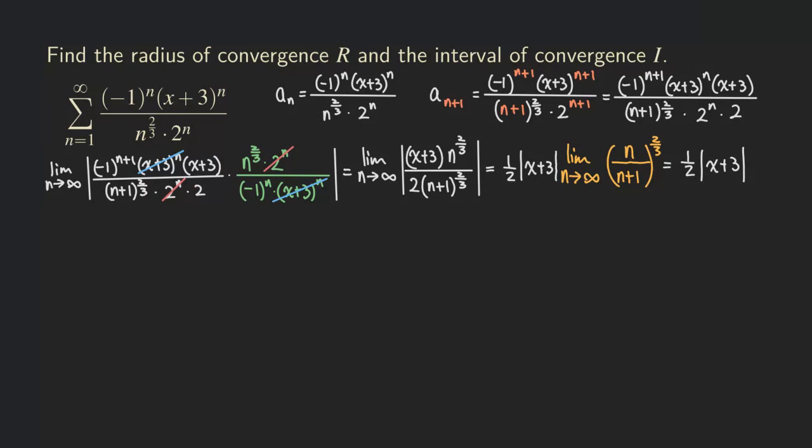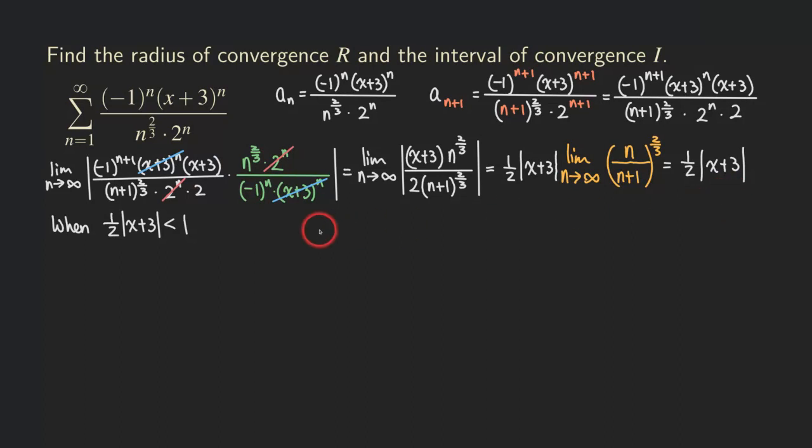Now the ratio test tells us that if the limit is less than 1, then the series is convergent. Because we are finding the radius of convergence, we need to look at this limit right here. When 1 over 2 times absolute value x plus 3 is less than 1, that's the result for the ratio test, right?